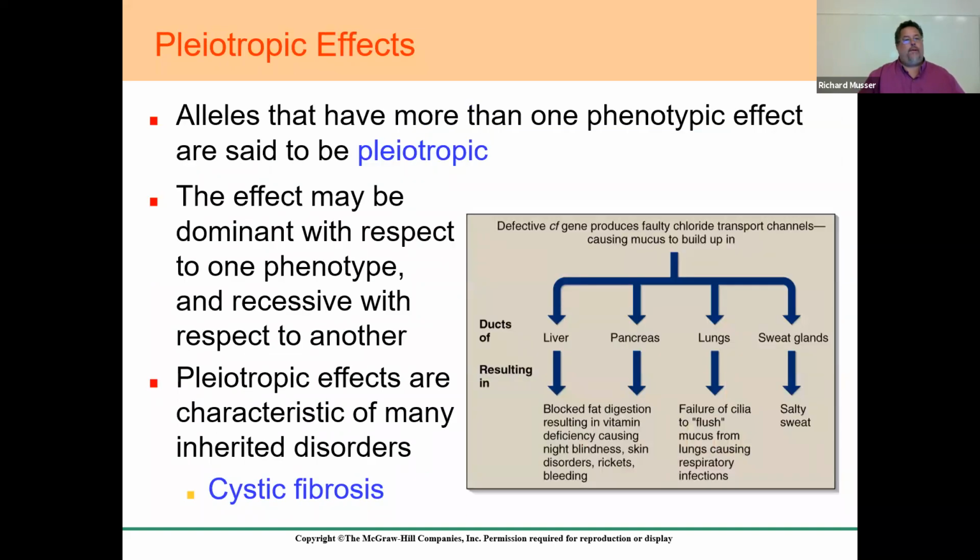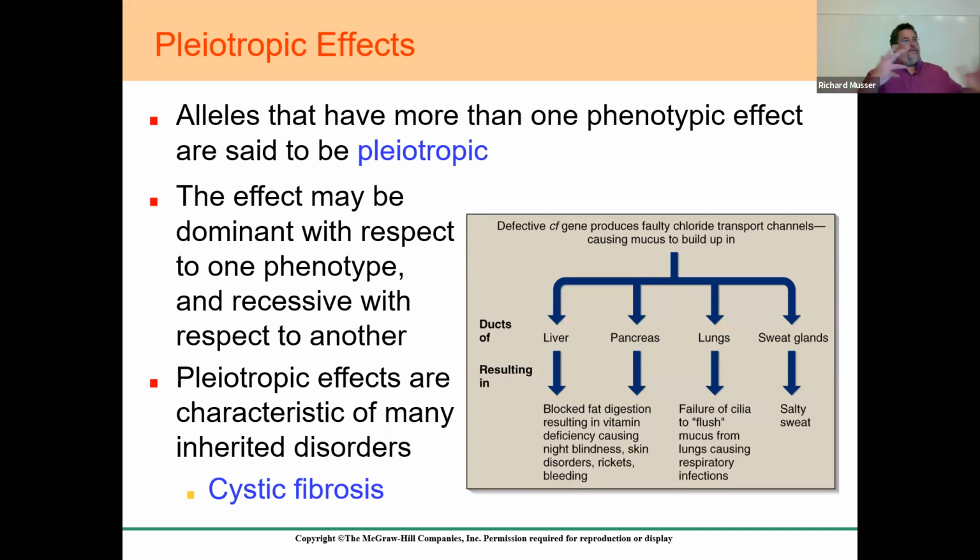There's also pleiotropic effects. This is when alleles have more than one phenotypic effect. So, for example, cystic fibrosis is an inherited disorder that affects chloride transport channels. What it does is it makes the fluids around mucus areas less liquid and more thick. Now, people might say, wait a minute, she has cystic fibrosis, their lungs are clogged up.